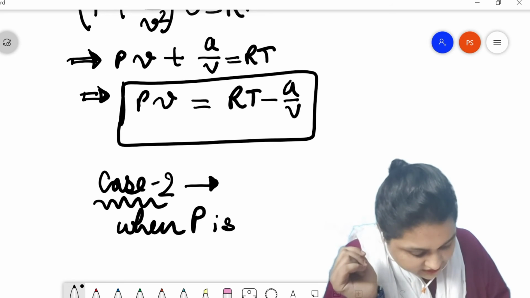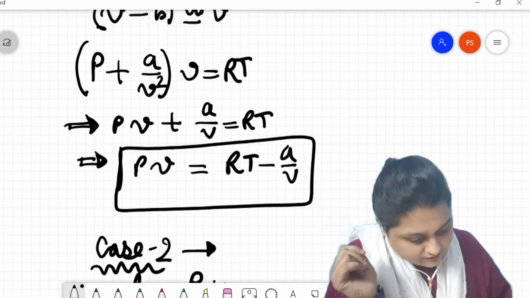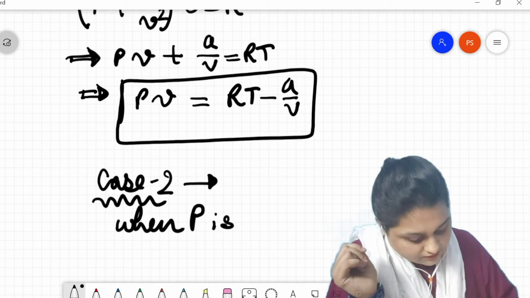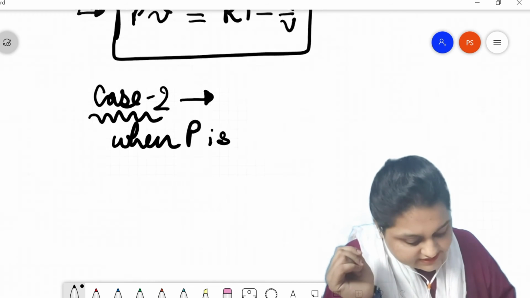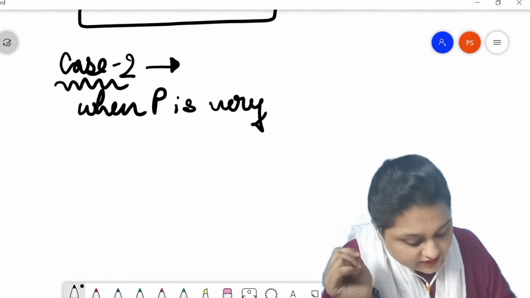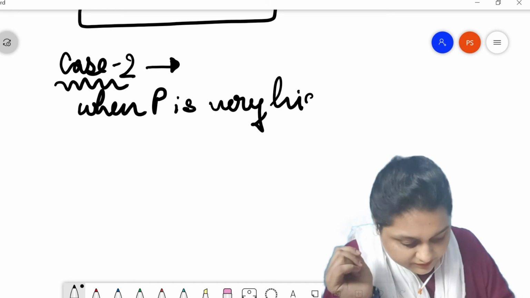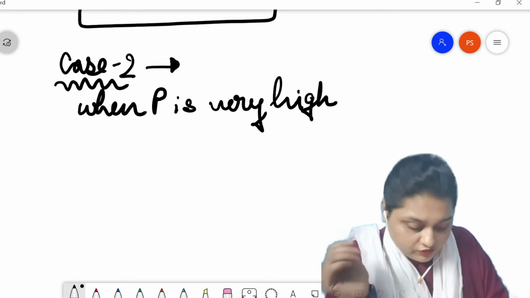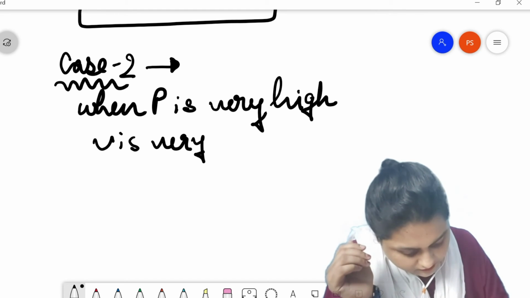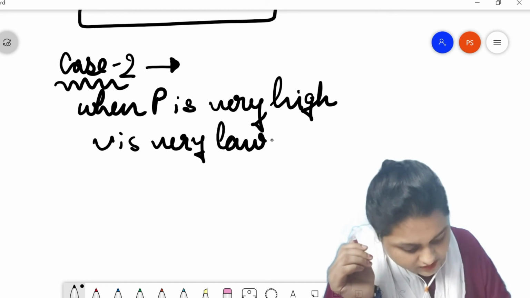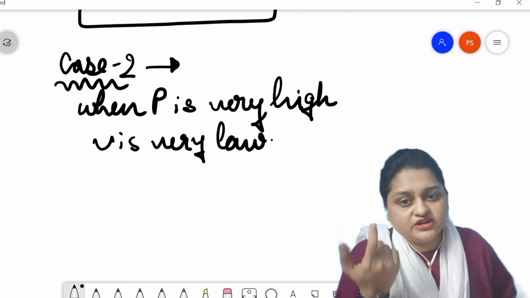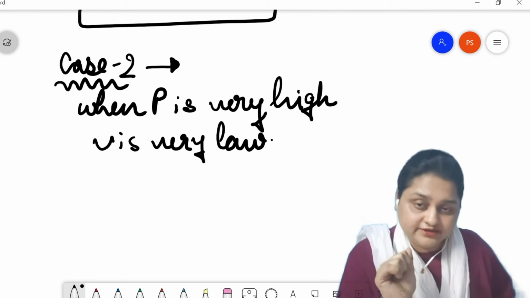When the pressure is very high, the volume will be very low. Now, as the volume is very low, the magnitude of the volume correction factor B cannot be neglected.